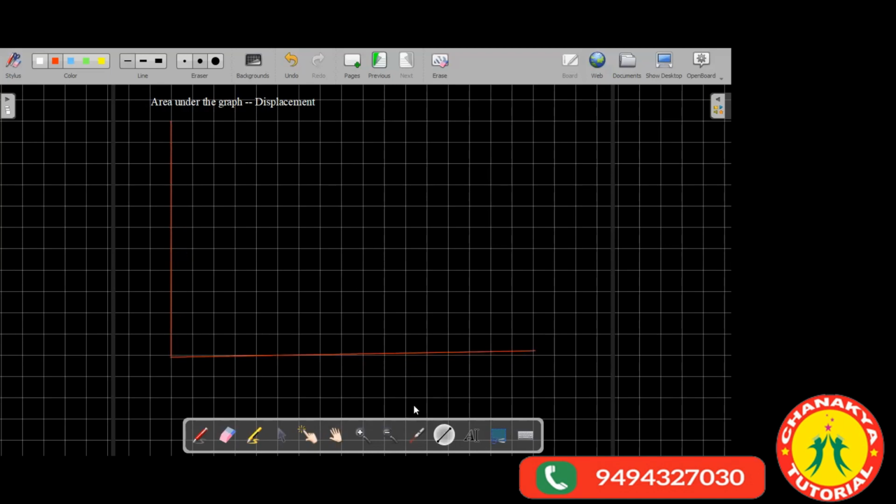So let's say we have some graphs. Here I have taken a velocity time graph, similar to the previous one.